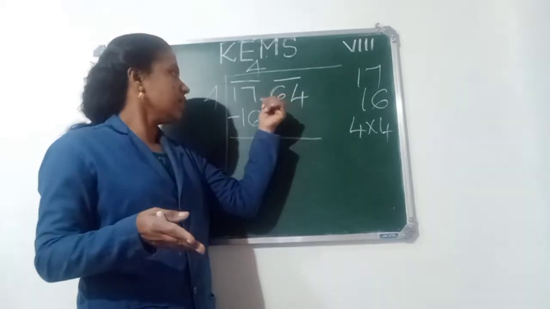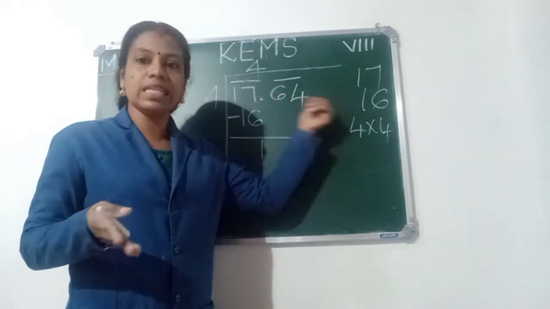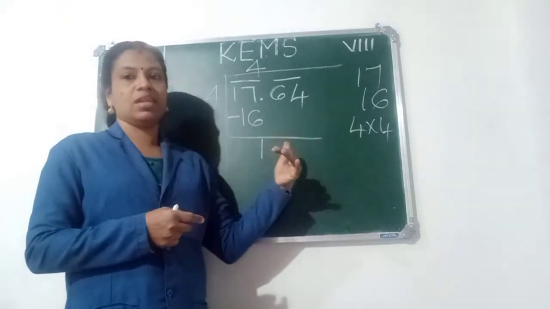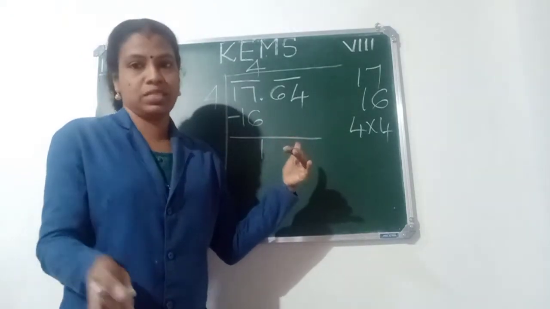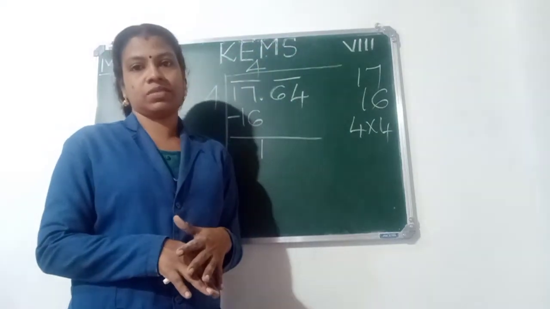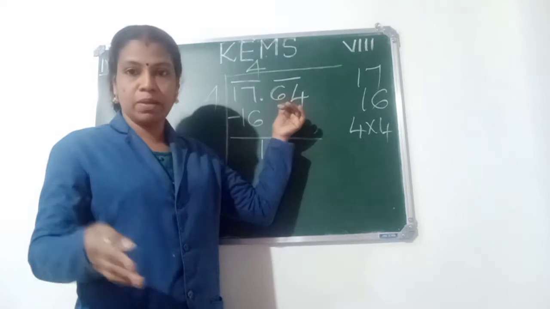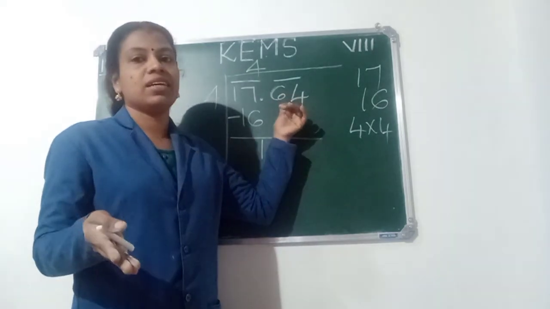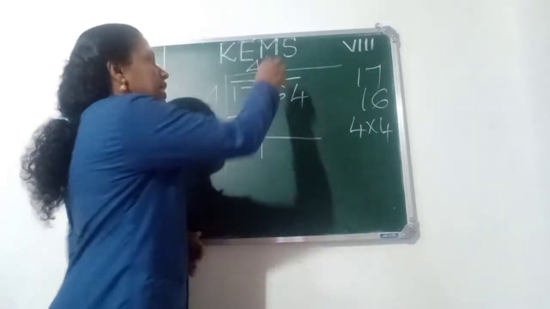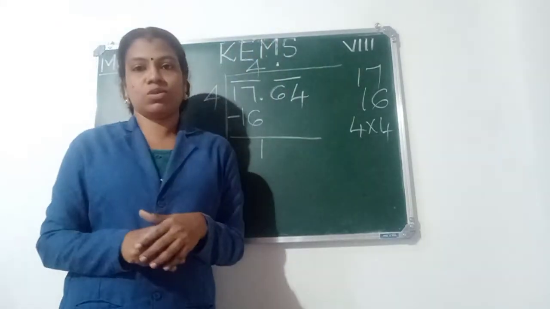So, that decimal point shows this is the decimal part. 64 is the decimal part. So, we can put a decimal point in the quotient also. If the dividend has a decimal point, then we put a decimal point in the quotient also.